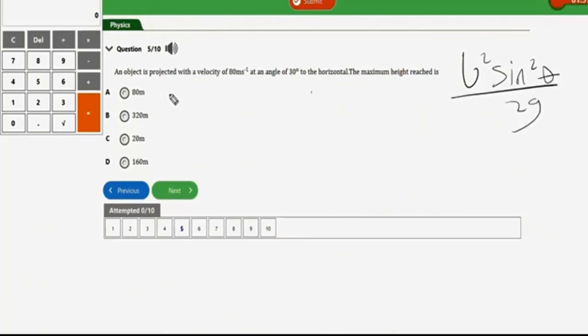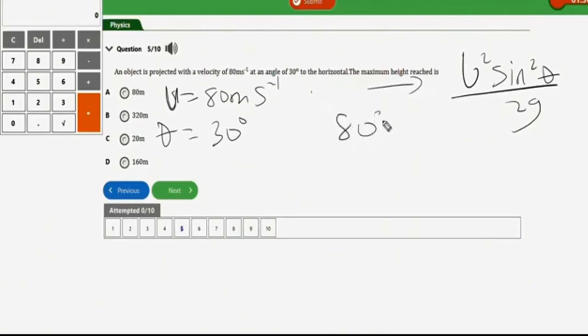Alright, so in this question we have our u to be 80 meters per second. We have our theta to be 30 degrees. So when you plug them in this formula, you're going to have 80 square sine square 30 degrees over 2 times 10.